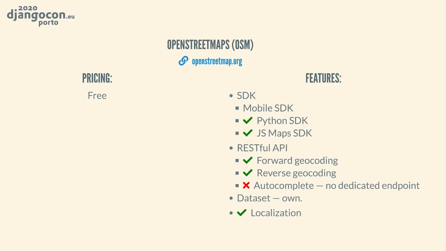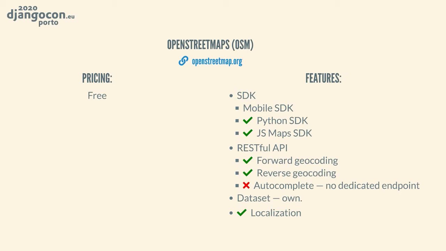So OpenStreetMap is a decent service which uses open data. It's also open source, and it has free pricing. It already has a Python SDK, a compatible JS Maps SDK, and a RESTful API.